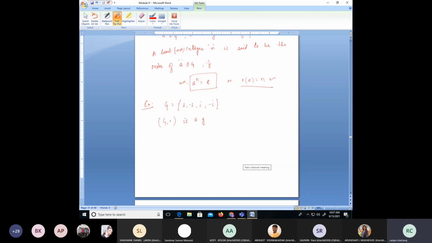This is a group with respect to ordinary multiplication. Then the question is: find the order of each element.